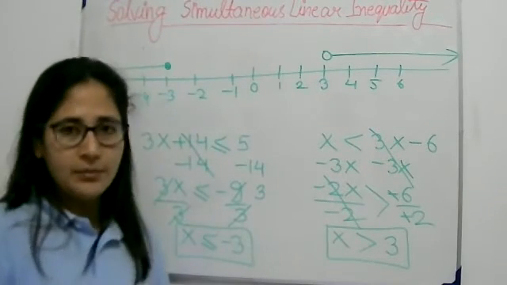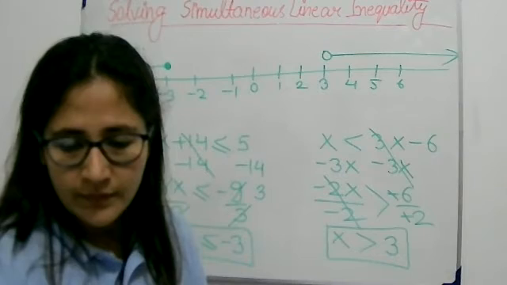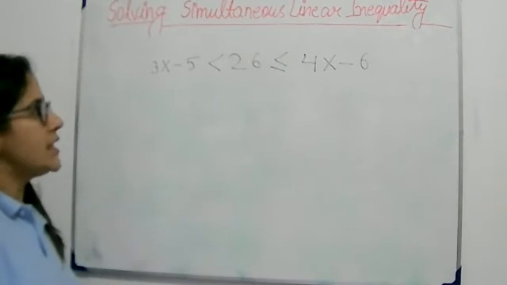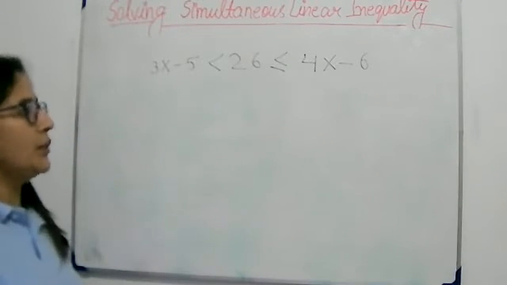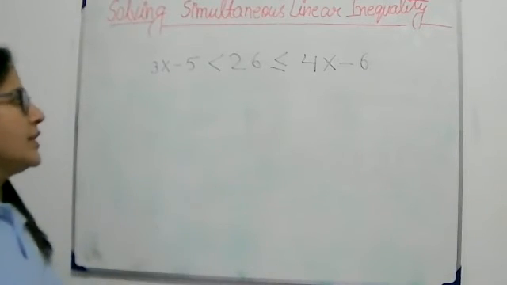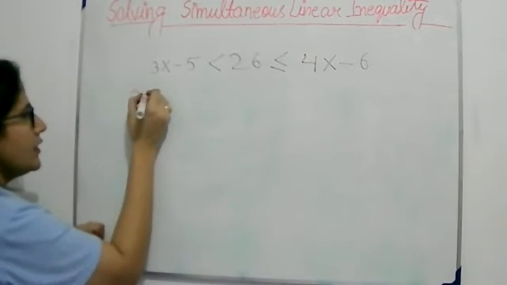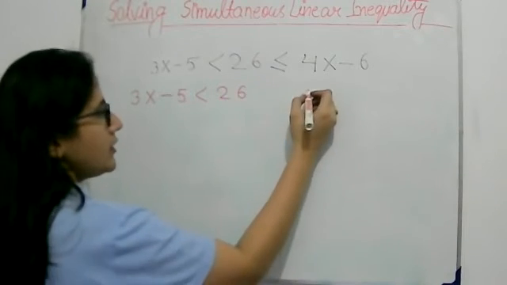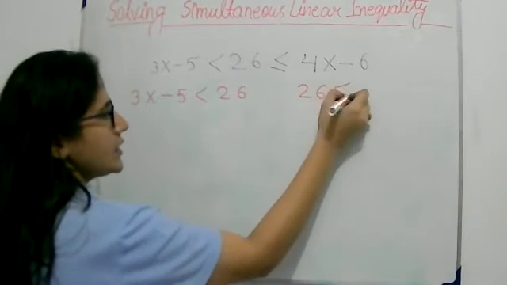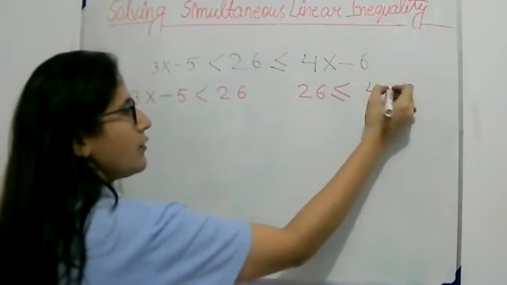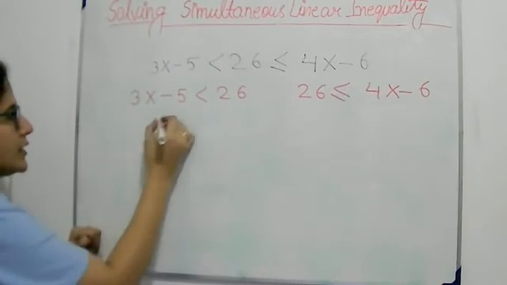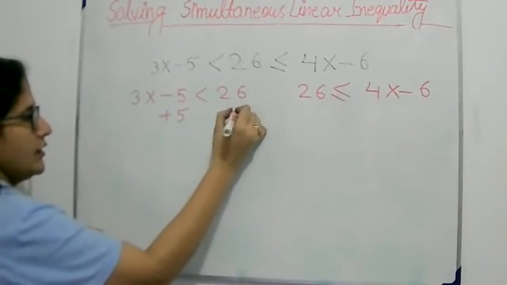Let's see one more example. 3x minus 5 is less than 26 is less than or equal to 4x minus 6. Let's separate it. 3x minus 5 is less than 26. Another is 26 is less than or equal to 4x minus 6. Let's find the value of x. Add 5 both sides.